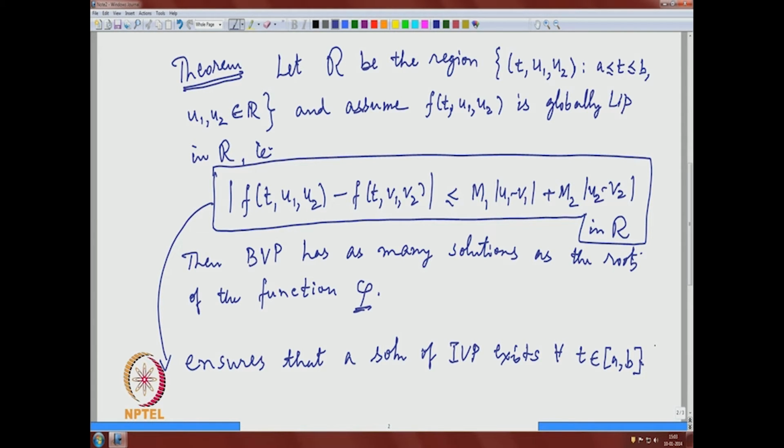If you have some other means of ensuring the same thing, we do not need this strong condition.